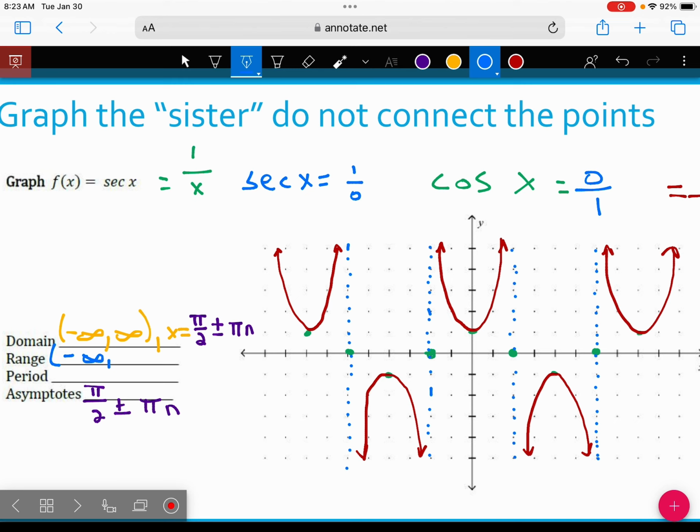So we're going to say negative infinity to the low point, which here is negative 1. And that negative infinity is going to have that soft bracket. The negative 1, a real value, is going to give us a square bracket. From there, we're going to use the big U. That tells us union. And we're going to use another square bracket. And for this one, we're going to say from 1 to positive infinity.